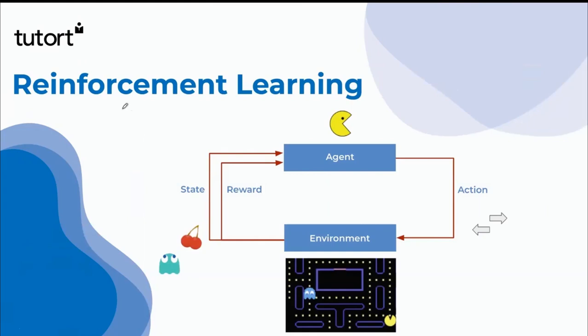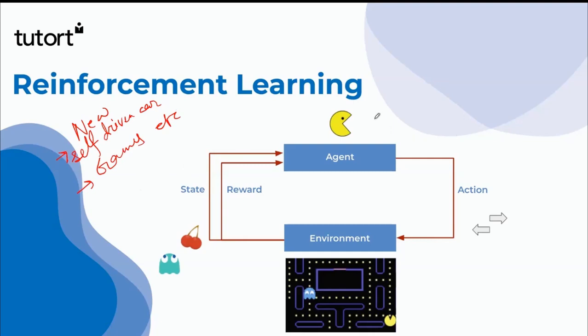The third type of learning is called reinforcement machine learning, and this is a comparatively new machine learning algorithm. It is basically used in self-driving cars, games, etc. These are the use cases of reinforcement learning.